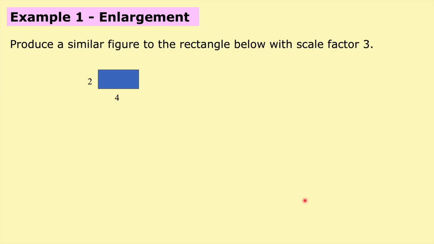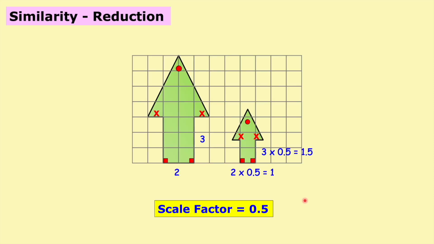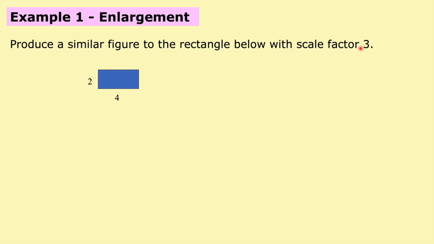Okay, so let's look at some more examples. So we have to produce a similar figure or similar shape to the rectangle below with a scale factor of 3. So going back, remember the scale factor is what we are timesing these side lengths by to get our new length. So if our scale factor is 3 here, we're going to times it by a scale factor of 3.